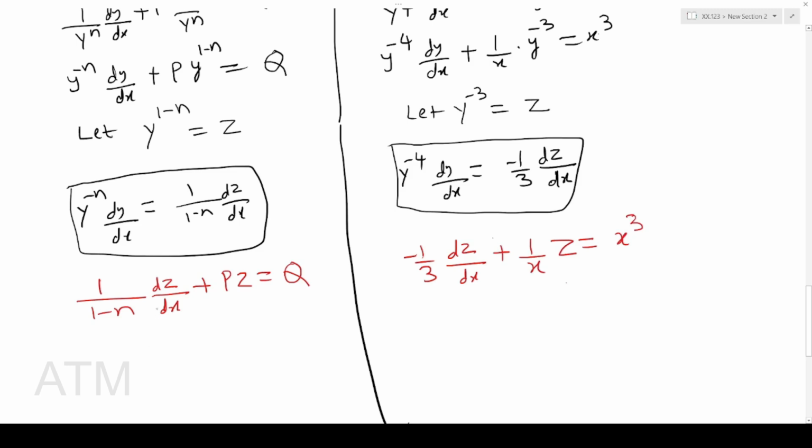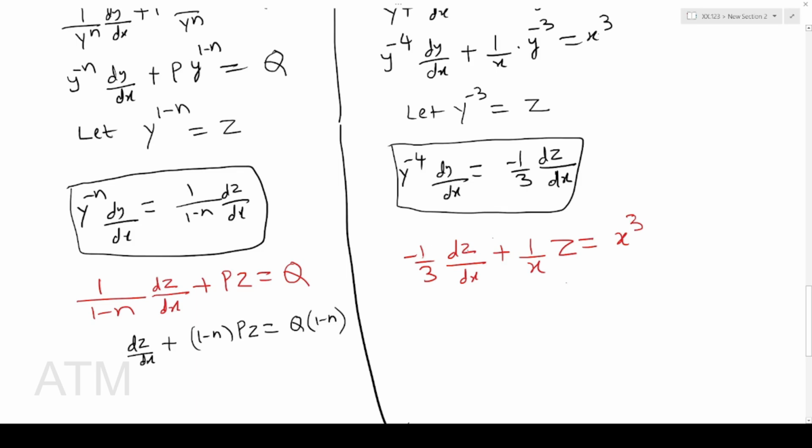After that, here dz by dx got multiplied by 1 upon 1 minus n. You just throw it out. How to throw it out? This way: dz by dx plus (1 minus n) pz equals q into (1 minus n). So we made dz by dx free from any multiplier.